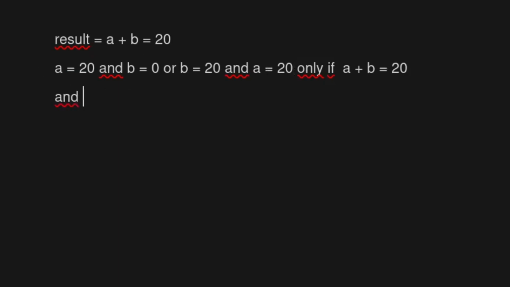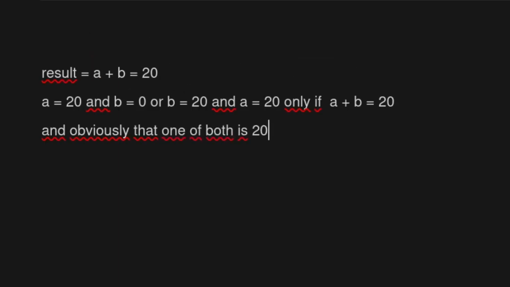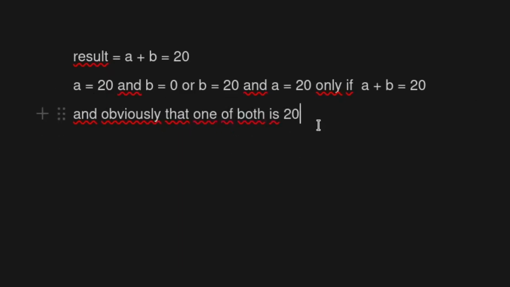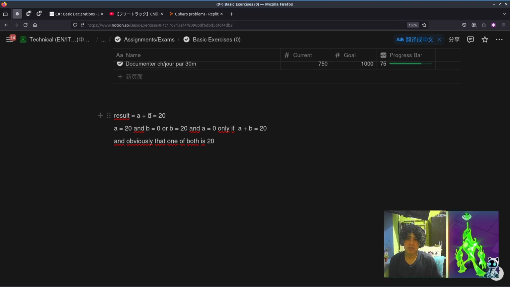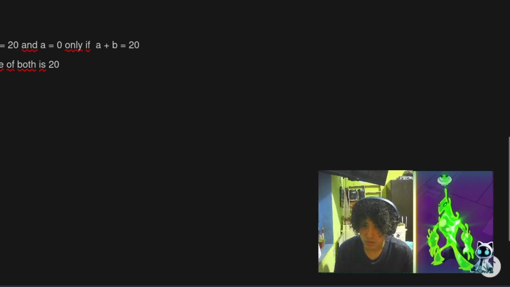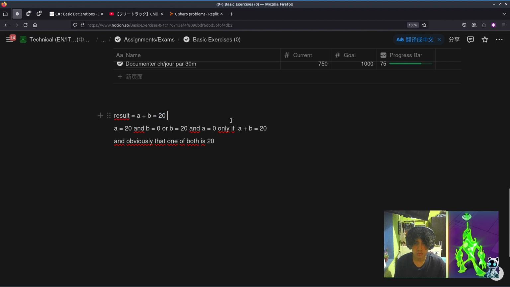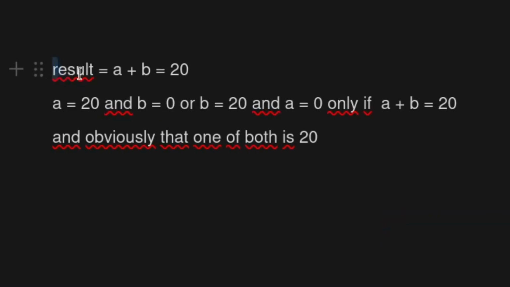Obviously I need that one of both is 20. This case only happens if I assume that one of both is 20. It means that the other one is 0. So what I can do is to check that if this result is 20, I return true, or if this result is 20 and a or b are 0.